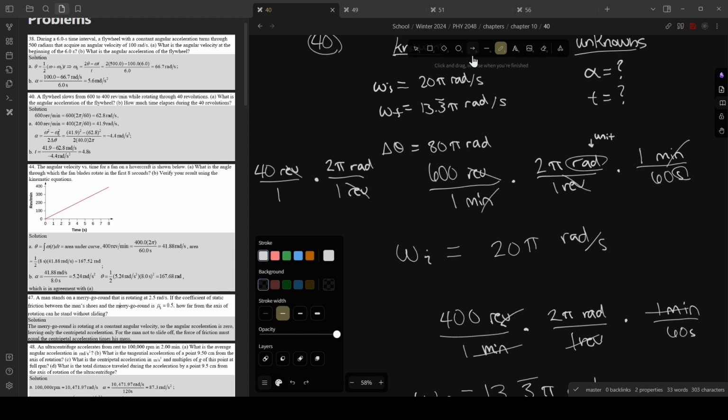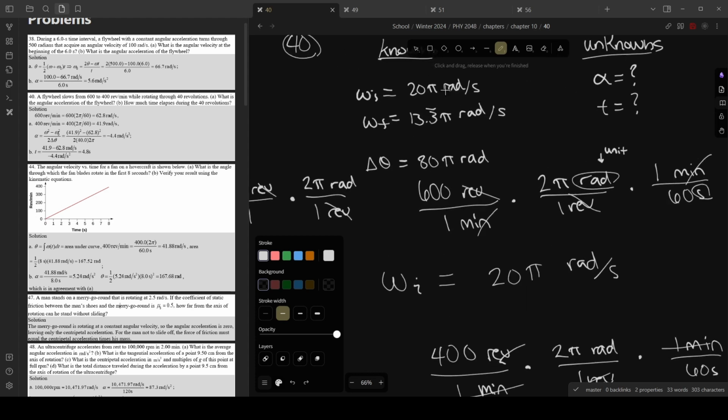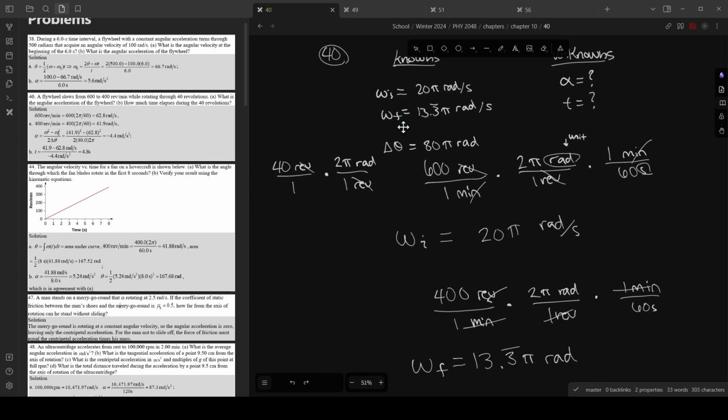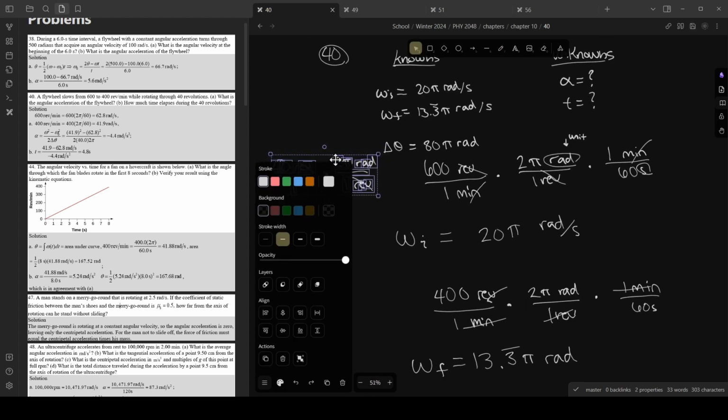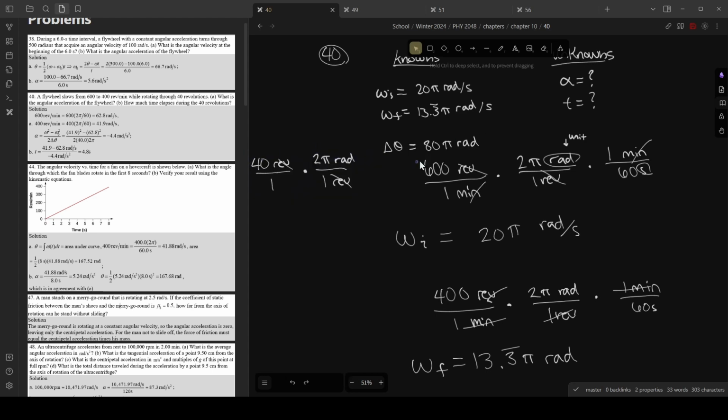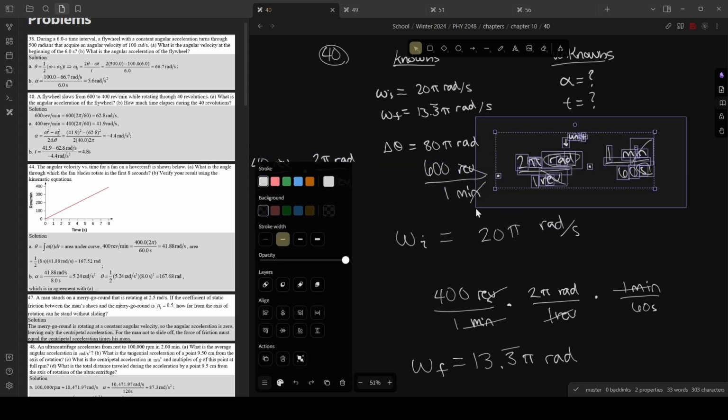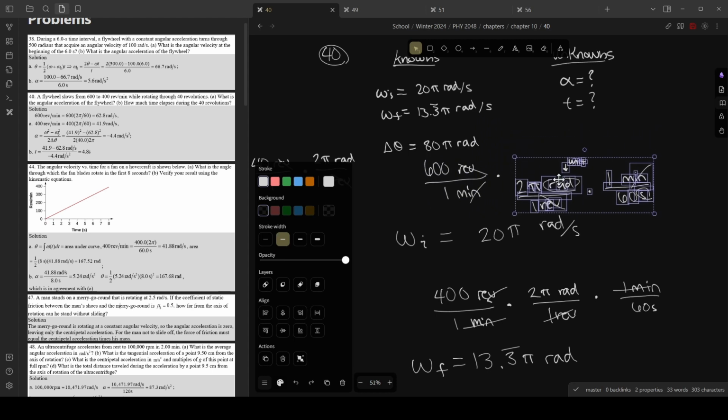Yeah, so those are the variables we know now. Let's give some space here. It's always good to manage your work because you want to look back at it eventually.